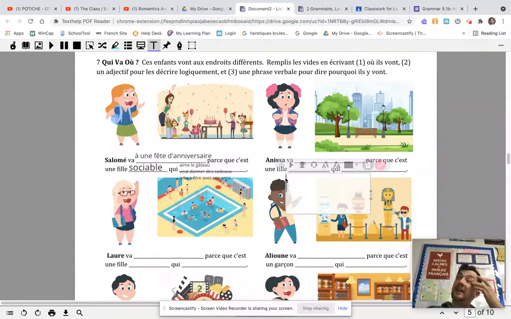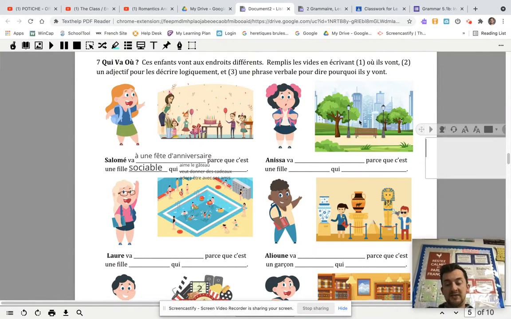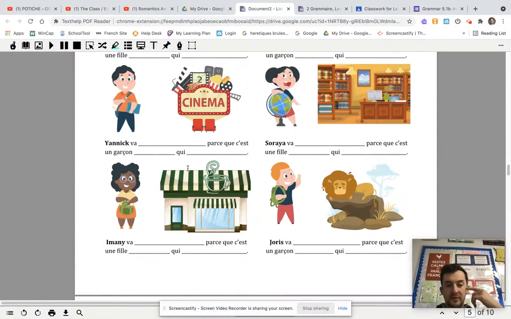So you have a lot of liberty in how you answer all of these. You're choosing an adjective to describe them based on where they're going, and then finish the sentence. Make sure that your verb is conjugated in the third person. So who likes cake, who wants to give. So notice that I conjugated it so that it's ultimately referring to her, Salome. C'est bon?